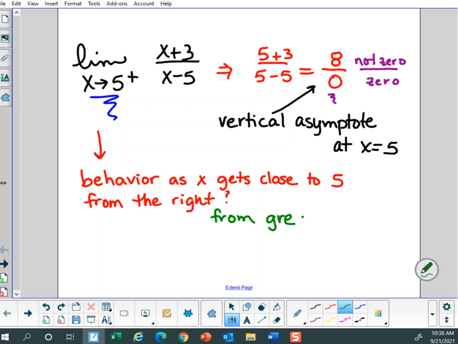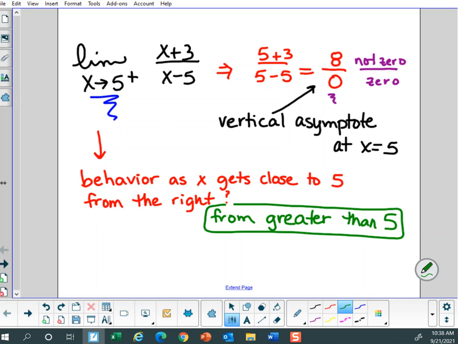That means we're coming in from numbers greater than 5. So like 6 and 7 and 8 and 9 and 10, but driving towards 5.